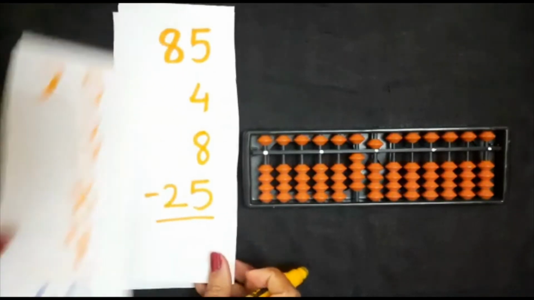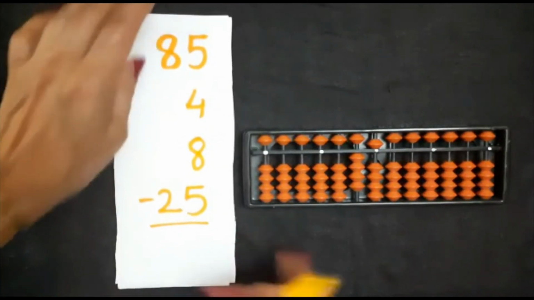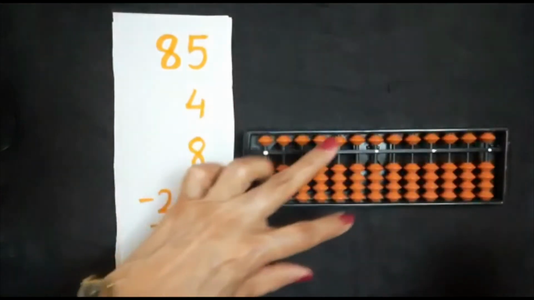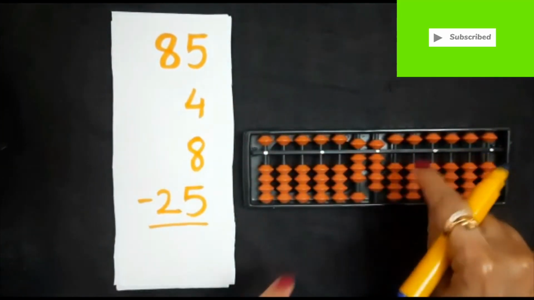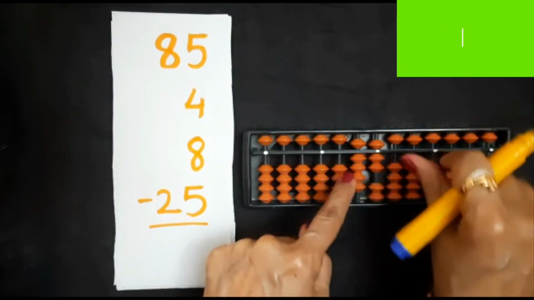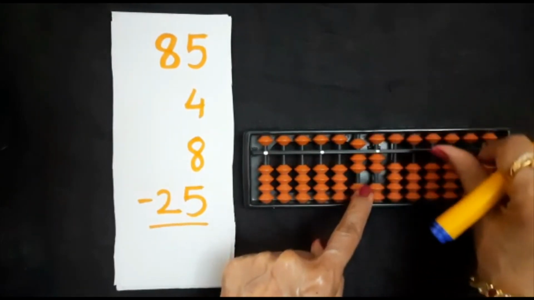We know that after each sum it's mandatory to clear the abacus. 85 plus 4 plus 8 minus 25. So answer is 72.